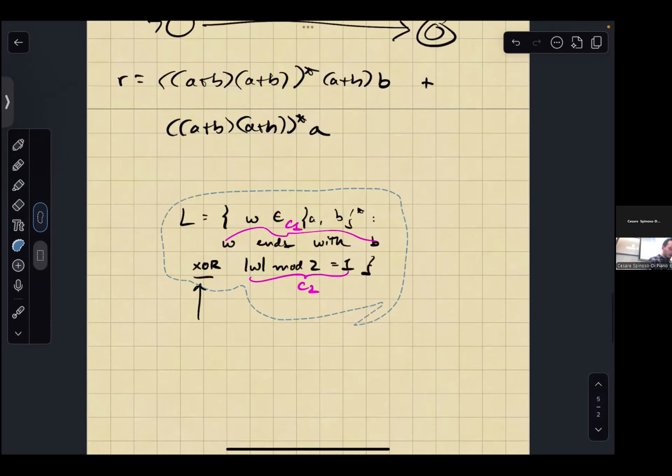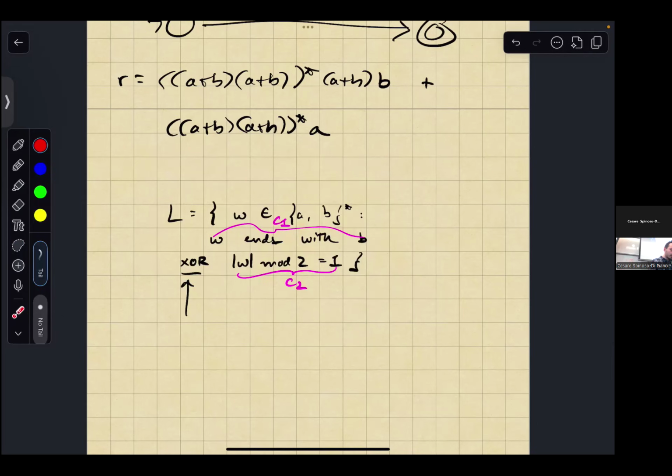So the initial language L is a set of strings where either the string ends with B or, XOR, the string is of odd length. So if the string ends with B, then I have pairs of A's and B's, and then I have an extra A plus B, B.